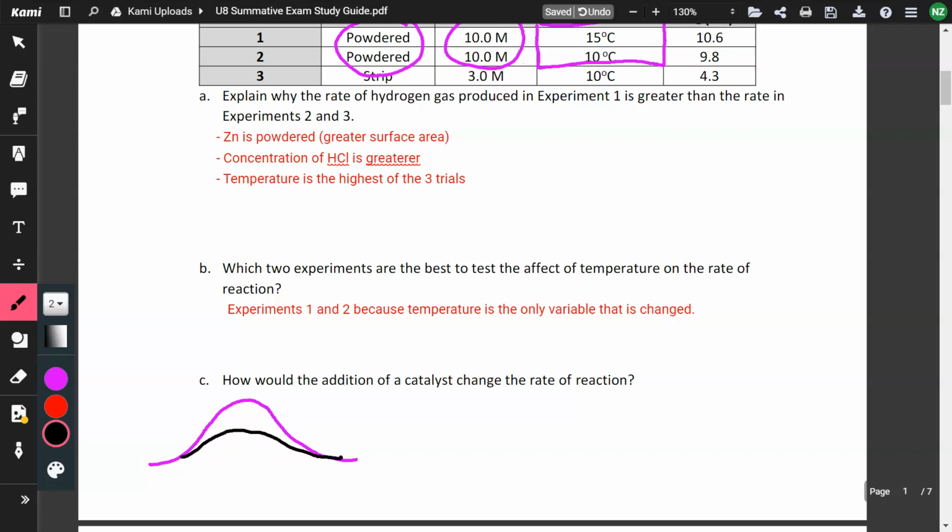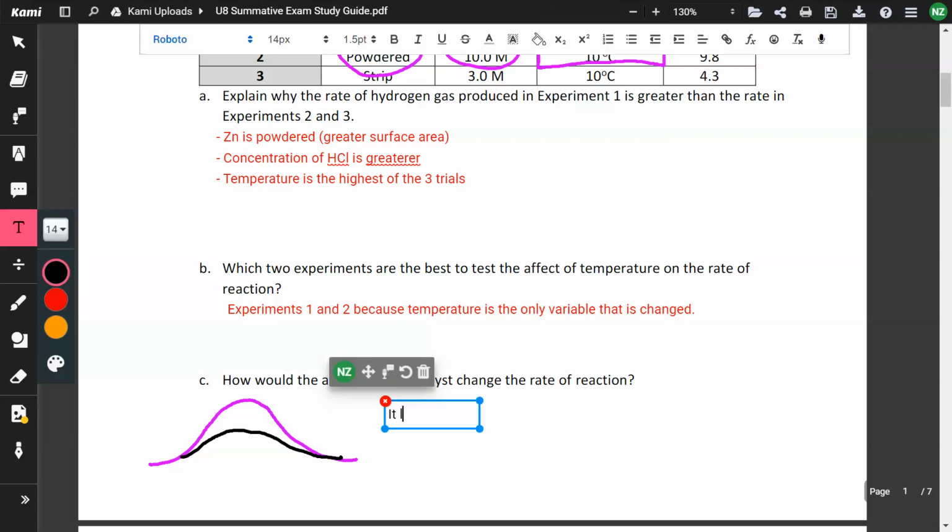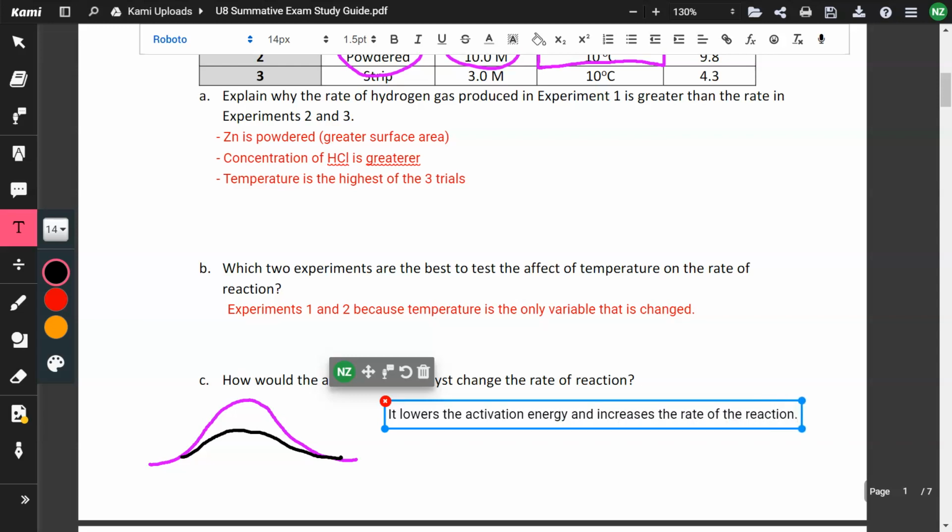So instead of it taking 10 seconds to ride your bike to the top and go over the hill, it only takes 3 seconds. So the reaction happens faster and requires less energy.